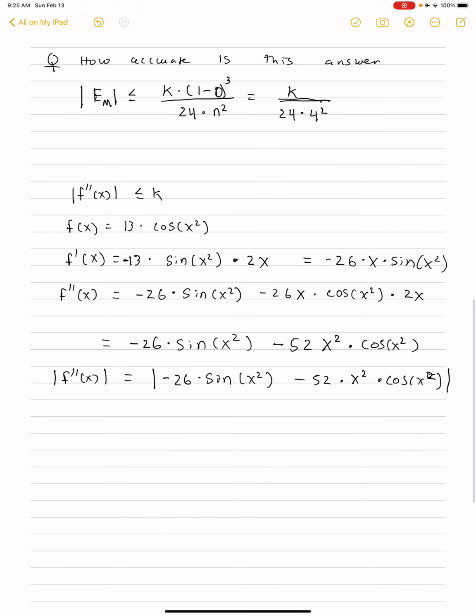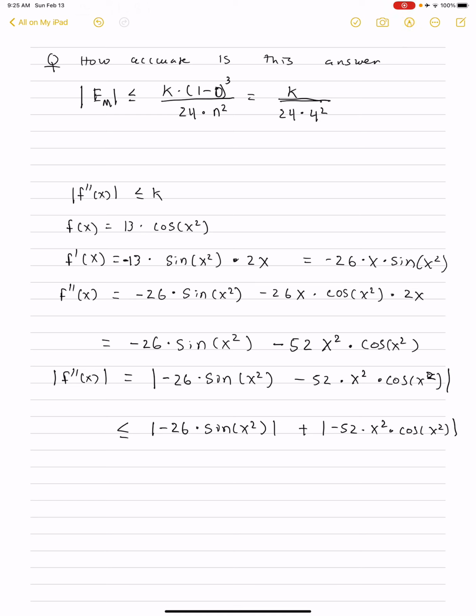And hey, look, that's less than or equal to, if I take the absolute value of each term, the absolute value of minus 26 times sine of x squared plus the absolute value of minus 52 times x squared times cosine of x squared.